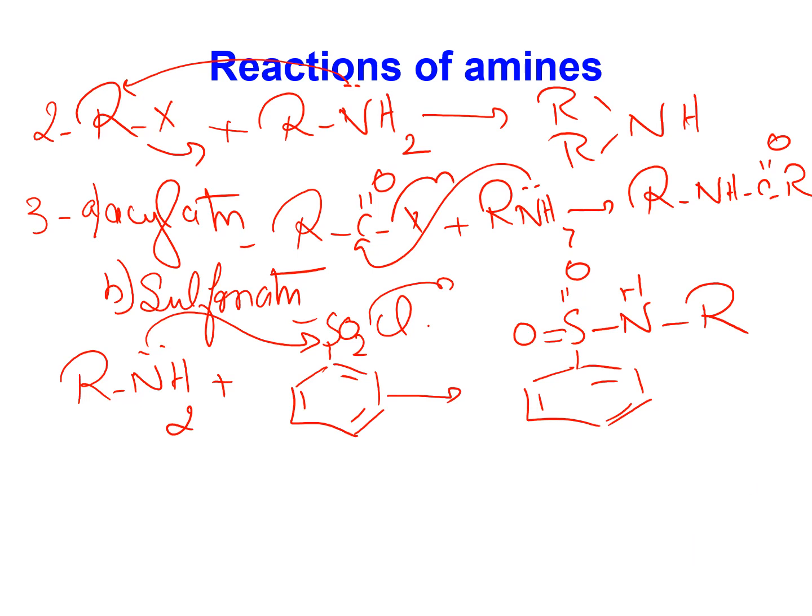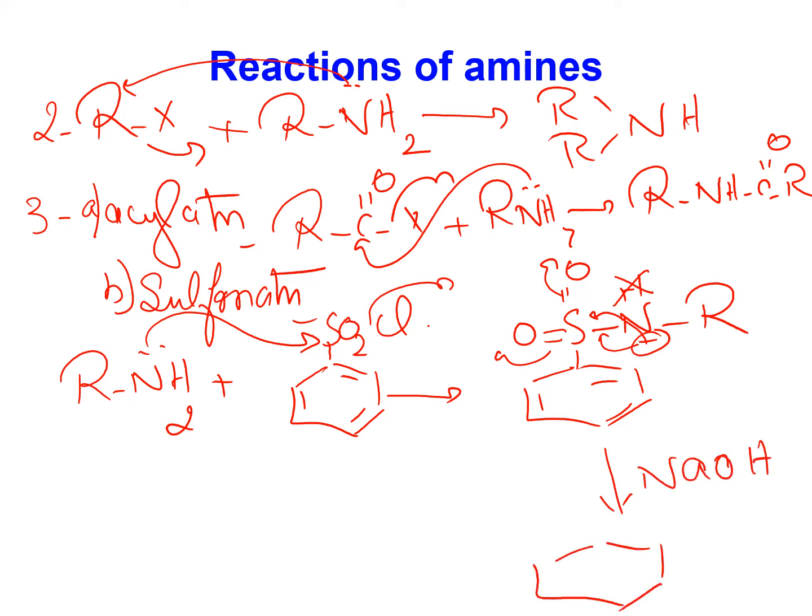You do not have two carbonyls, you have a sulfonyl group. So now if you remove this hydrogen, placing a negative charge on the nitrogen, again you will have two resonating structures with each one of the oxygens. So this hydrogen is acidic and you can remove it using any base, leaving N carrying a negative charge and the R of the amine.